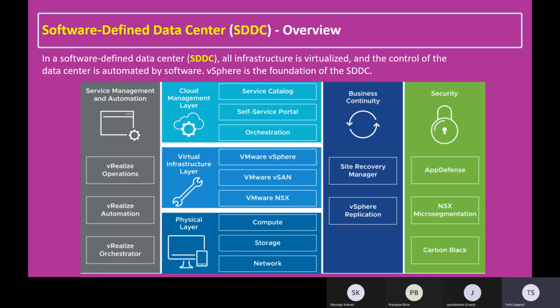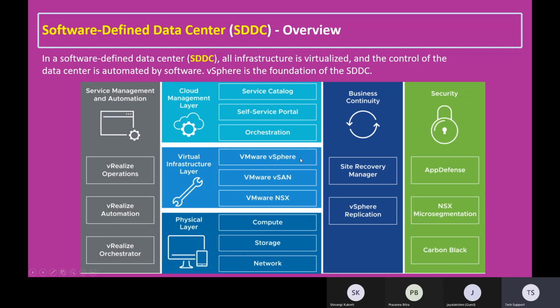But nowadays VMware has combined these two products into a single appliance. That means vRealize Automation is embedded with vRealize Orchestrator. These two are mainly used for automation purposes. Whatever repeated tasks we perform in our vCenter Server, we can do as automation. Okay, so this is about the SDDC overview.